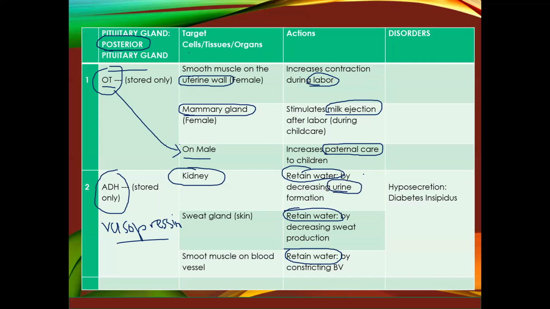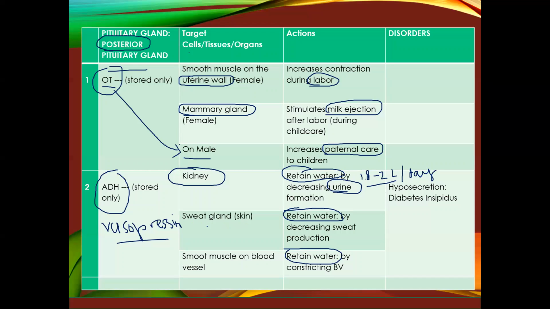The normal production of urine is around 1.8 to 2 liters per day. So if we have normal ADH, then our urination will be around this normal amount. 1.8 to 2 liters is about half a gallon per day.